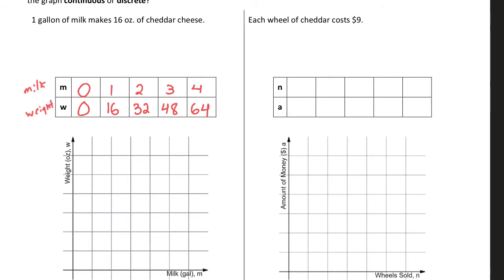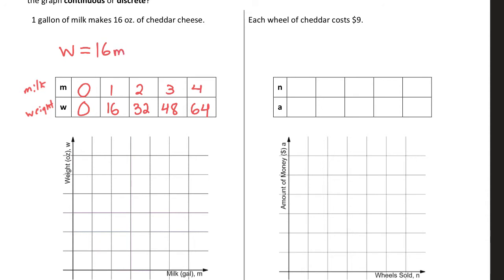So the weight depends on how many gallons I use. And if we look for a pattern here, the weight is always the number of gallons times 16. So my function rule is W equals 16M.